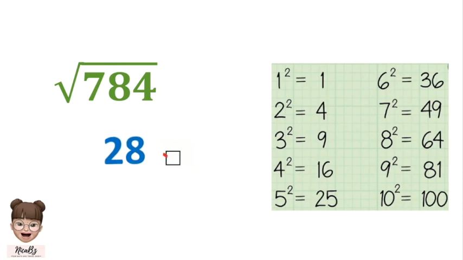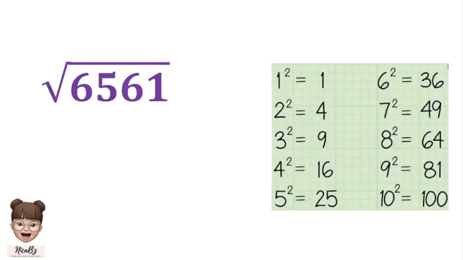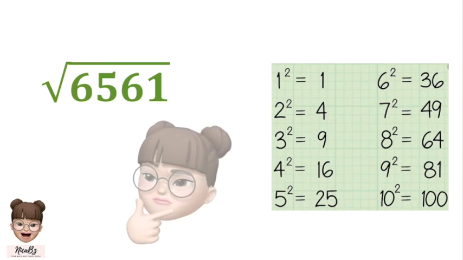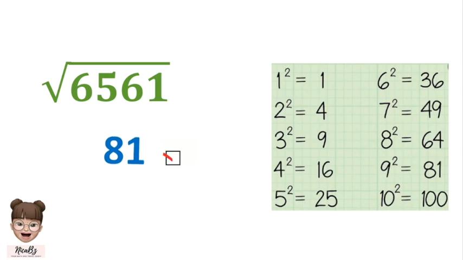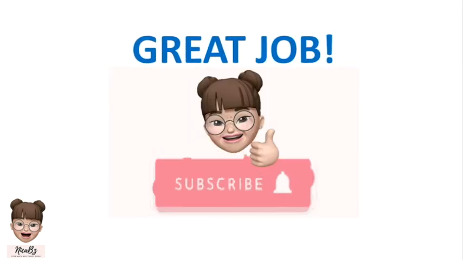That's the answer. And let's have the last one. Square root of 6,561. And the answer is 81. Alright, and we're done. Great job.